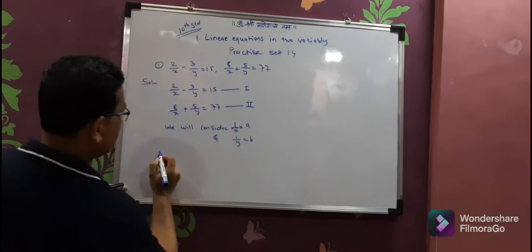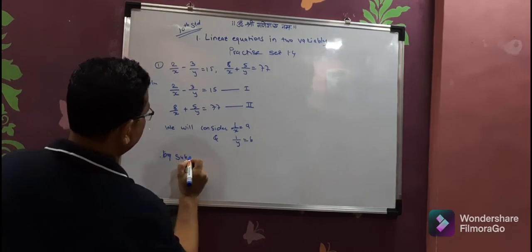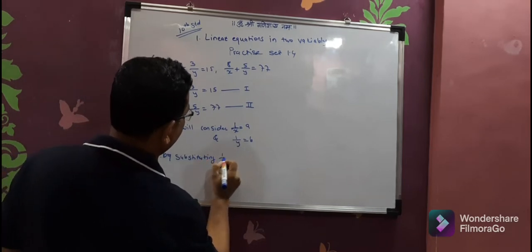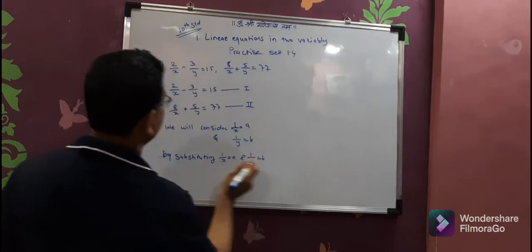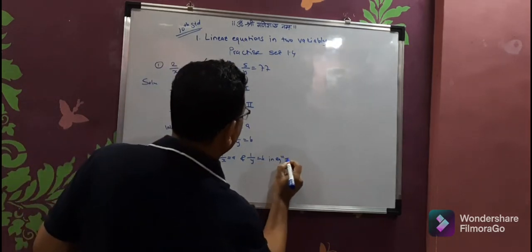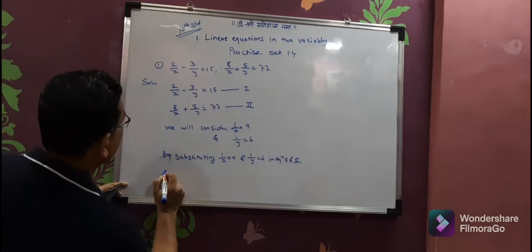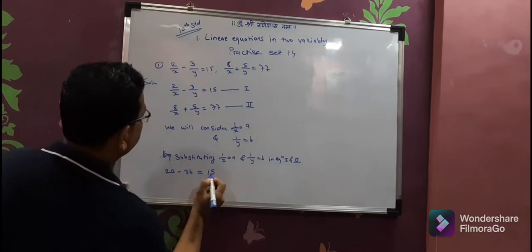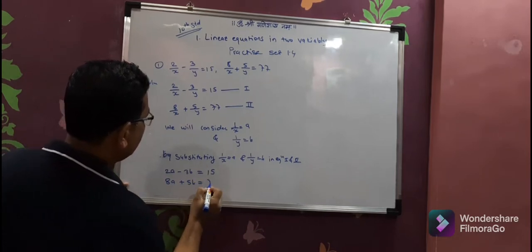So by substituting 1 upon x is equal to a and 1 upon y is equal to b in equations 1 and 2, what will the equations become? This is 2a minus 3b is equal to 15. Then this is 8a plus 5b is equal to 77.